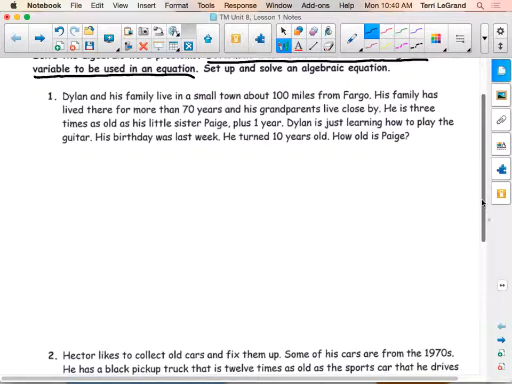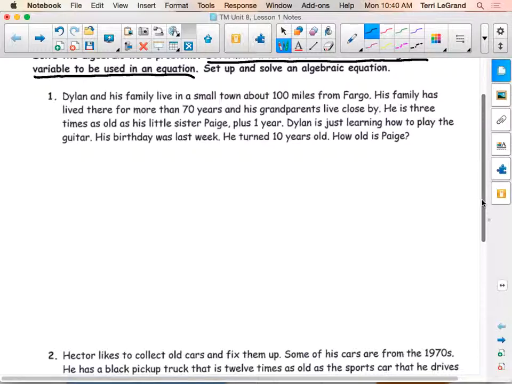You know what, let's try that again, because I bet this is kind of how you feel. Derek, you read the first sentence. Paikea, you read the following. Tyler, you'll read the next one. We'll just wind our way around, but we're going to skip over Sierra, she's already done her reading. Each of you is going to read a sentence. Derek, go ahead. Dylan and his family live in a small town about 100 miles from Fargo. Paikea? His family has lived there for more than 70 years, and his grandparents live close by.